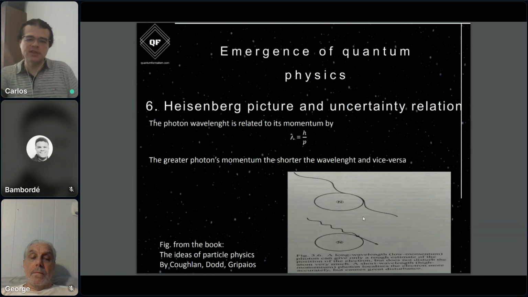But I have a big uncertainty because I don't know where the electron exactly is. But because of this big wavelength, I have a small momentum for the electron because the wavelength didn't disturb the electron so much.